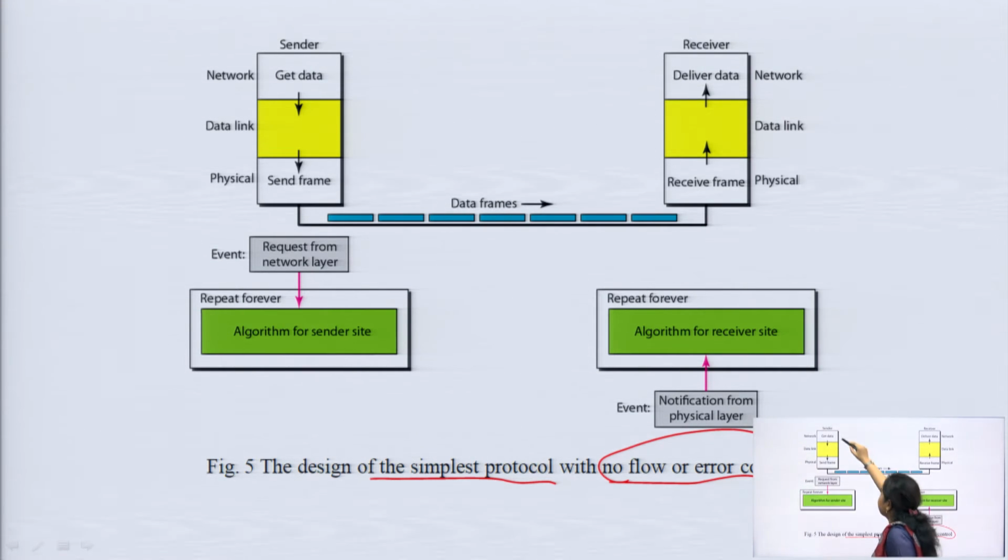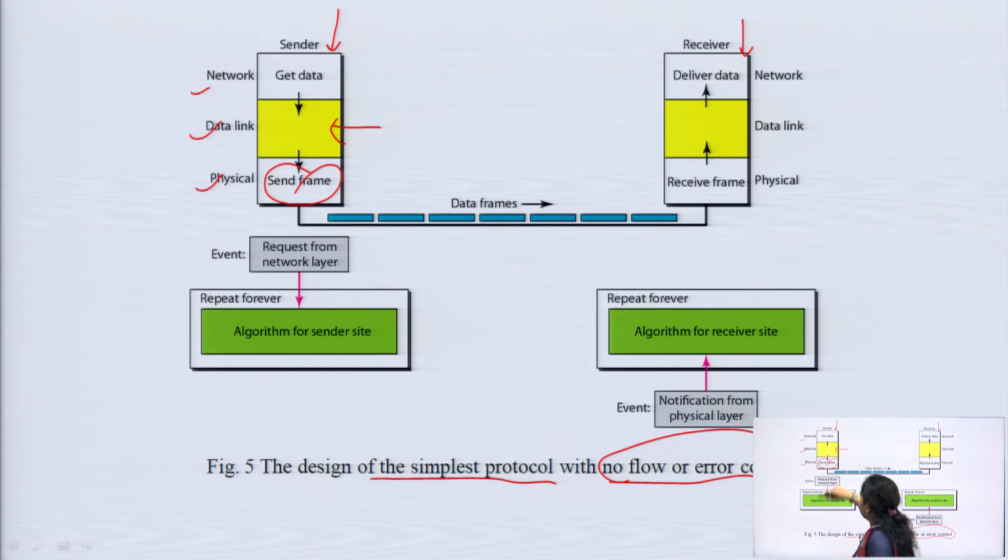This is the sender side and this is the receiver side. These are the three layers of the OSI model: the physical layer, the data link layer and the network layer. From the network layer, the data will be transmitted to the data link layer, where it will be formed into a frame.